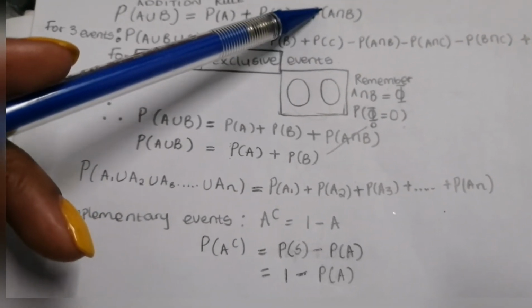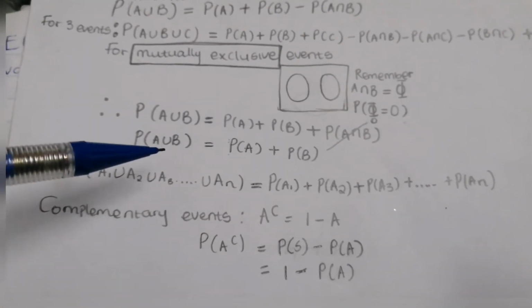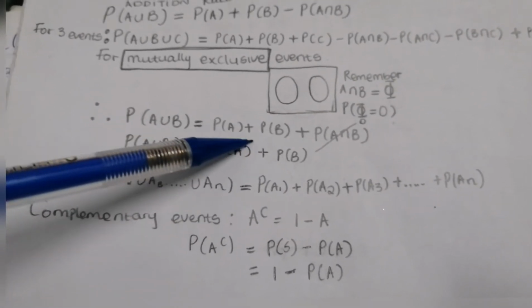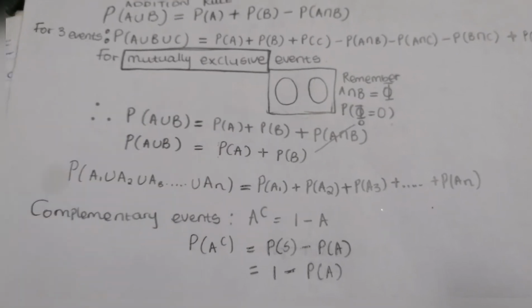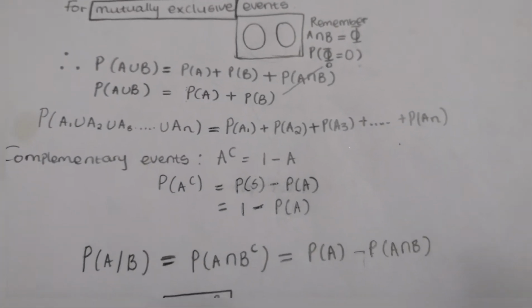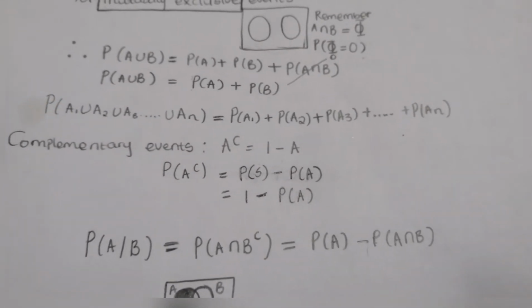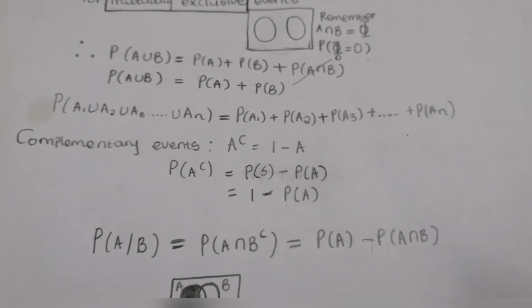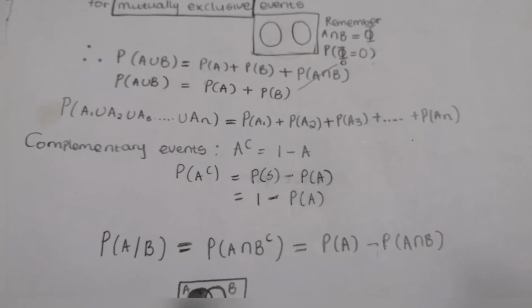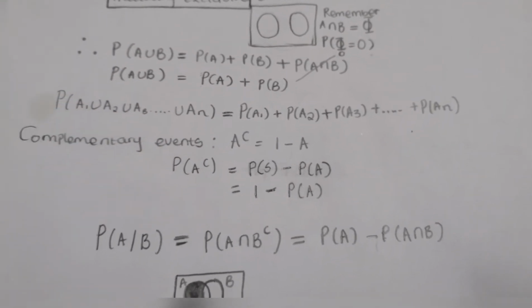That's why for mutually exclusive events, we have the probability of A union B equals the probability of A plus the probability of B. This shows when we have n events which are mutually exclusive. This is the formula that you will apply.